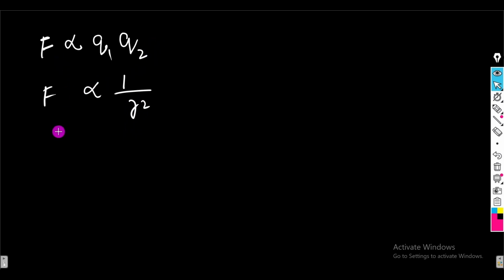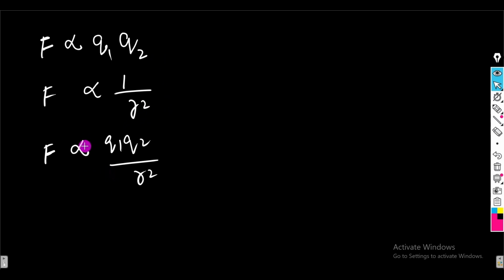So combine these two. F is common to these two. We take the proportionality constant and Q1, Q2, and that is divided by R square. Here I simply combine these two.